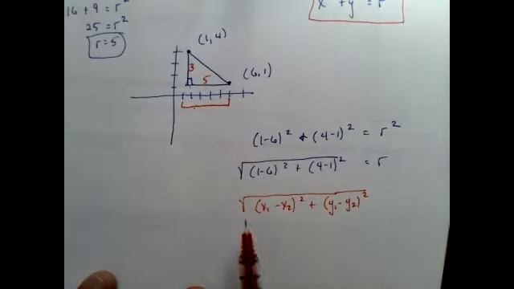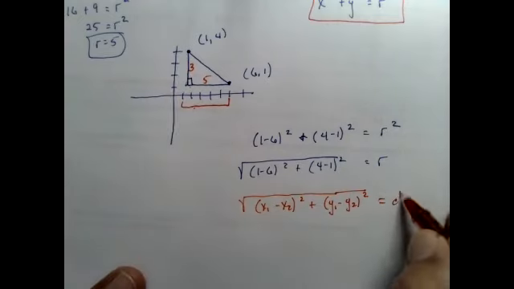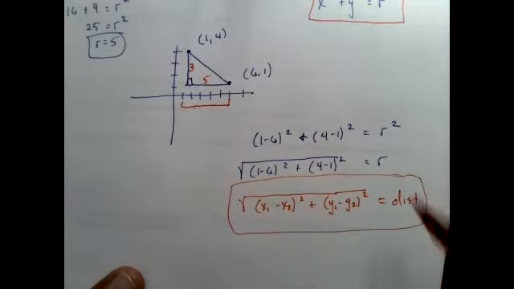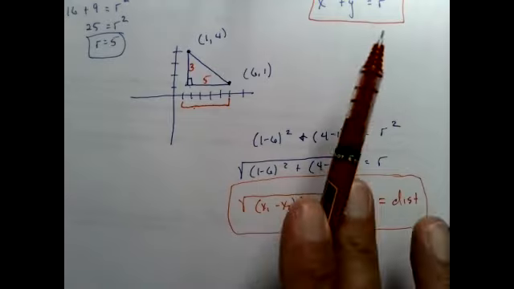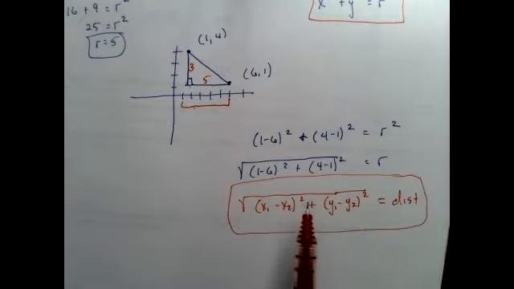I brought that square over. What does this formula now give me? Instead of r, I don't want the r, but I'd like the distance between two points. And that's where the old distance formula comes from. It comes from the Pythagorean theorem. I took the r squared, brought the square over. This was the length of the x, and I squared it, plus this was the length of the y, and I squared it.